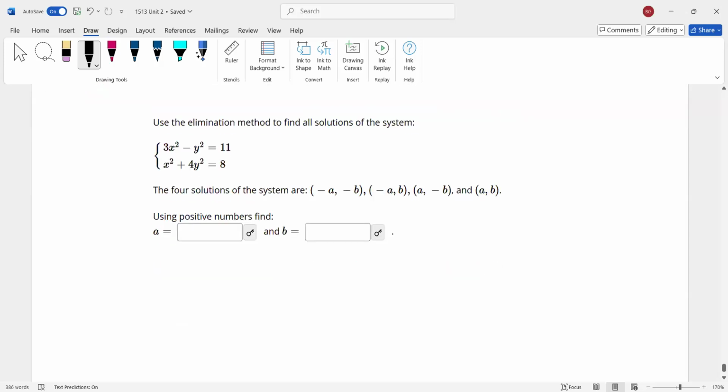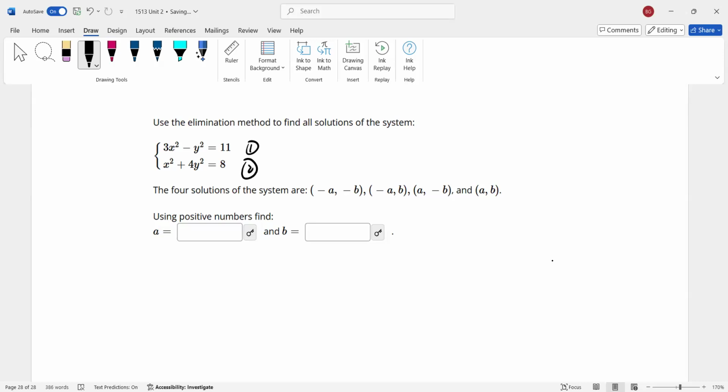Use the elimination method. Here, elimination method actually means substitution method or addition method to solve the system. In this system, we have two equations as well. Equation 1 actually is a hyperbola.